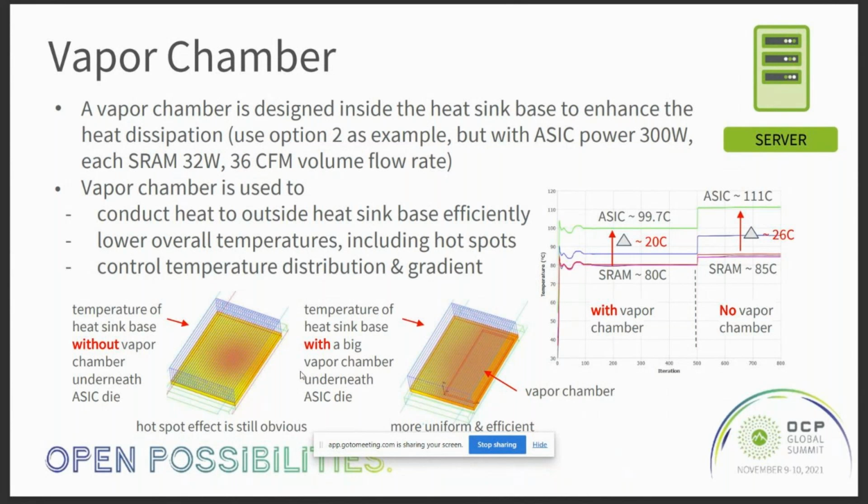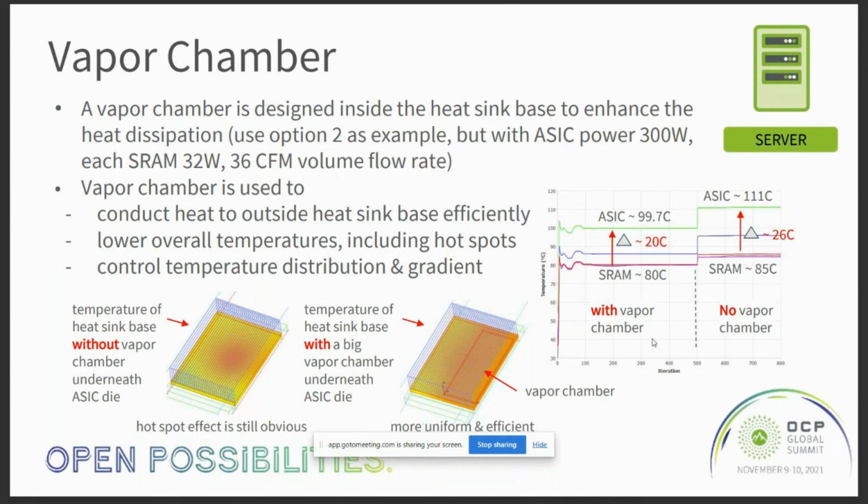If you look at the right image, we design a vapor chamber at the right side of the heatsink base. Then you can see that the temperature is more uniform. This is one of our simulation data.